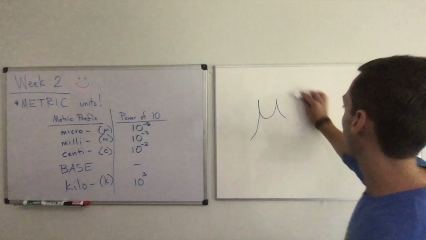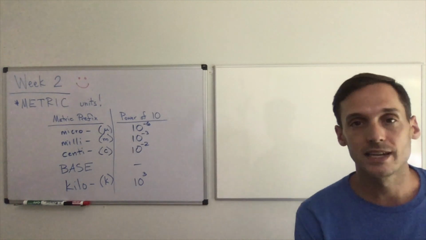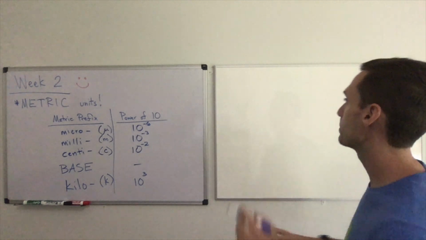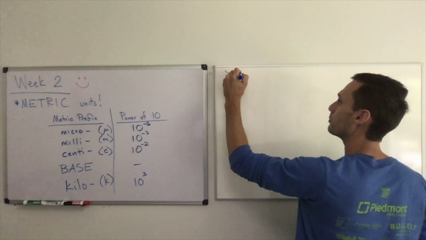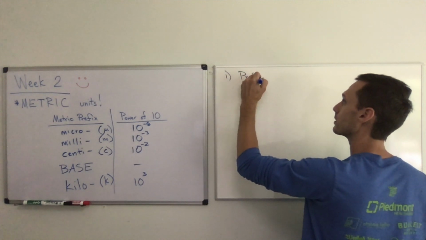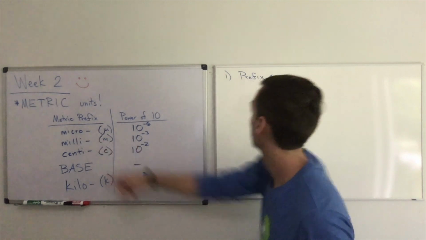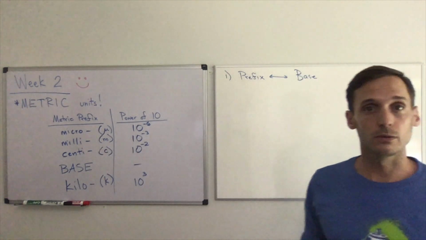Okay? So the reason I wanted to do this was to use dimensional analysis to do some unit conversions. Okay, so we're going to do 2 types. We're going to do an easy type first, and that is when we are going back and forth from one of the prefixed units to just the regular old base unit.